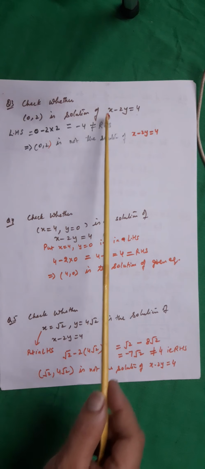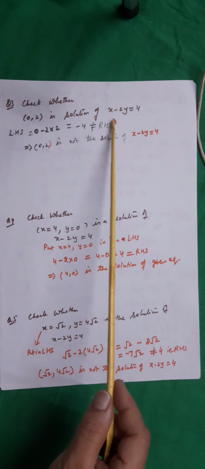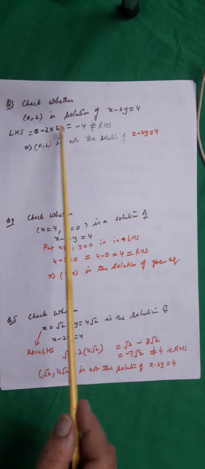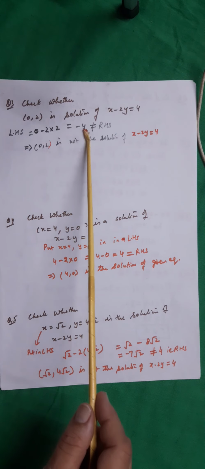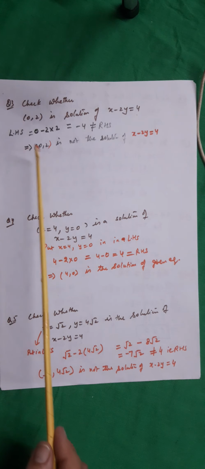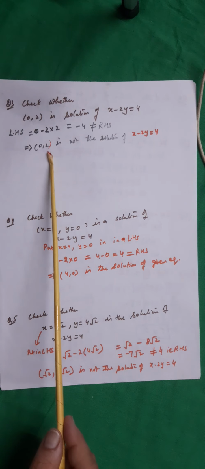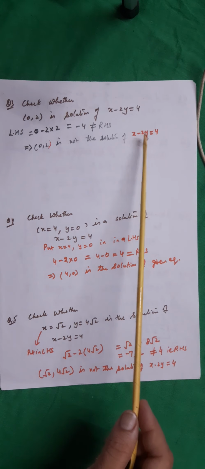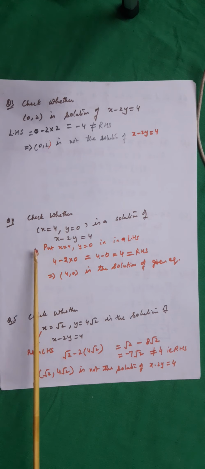So on putting this value, I get here 0 minus 2 into 2 is equal to minus 4, right, which is not equal to right hand side. Therefore 0 comma 2 is not the solution of x minus 2y is equal to 4.